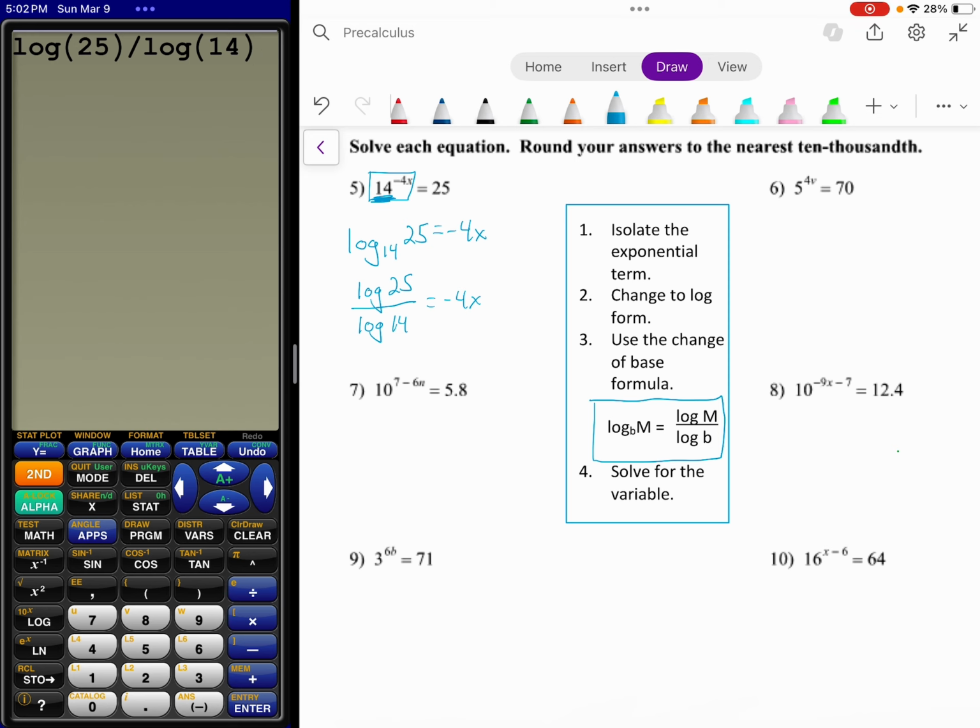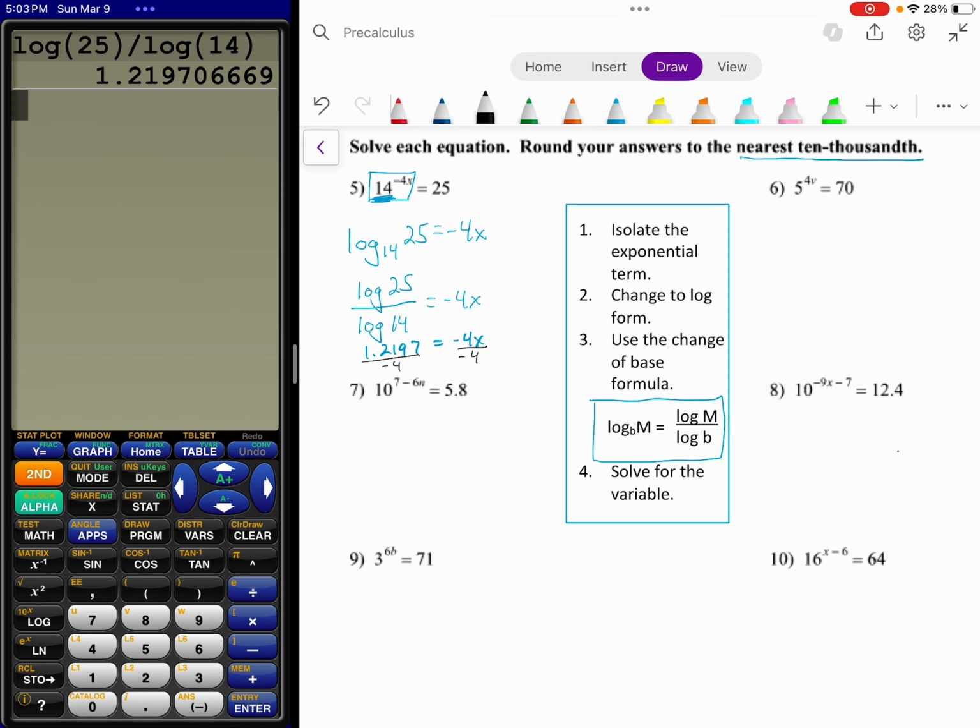We close the parentheses, and we hit enter, and we get 1.2197. I'm starting to write small here because I'm running out of room. Equals negative 4x. The reason I stopped there, it says go to the nearest 10,000th, which is 4 decimal places. And now I'm going to solve for x by just dividing both sides by negative 4.